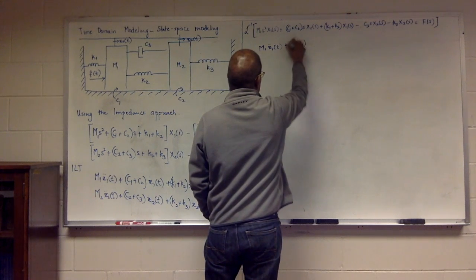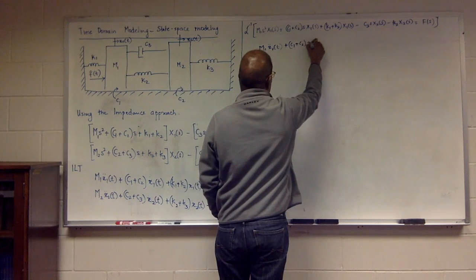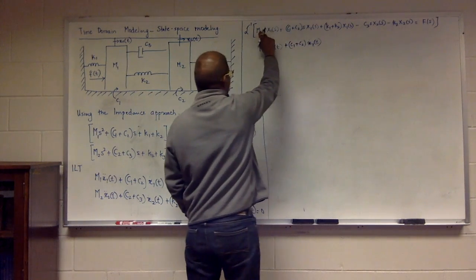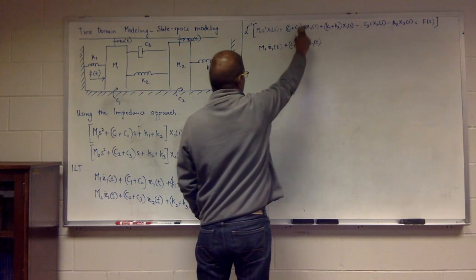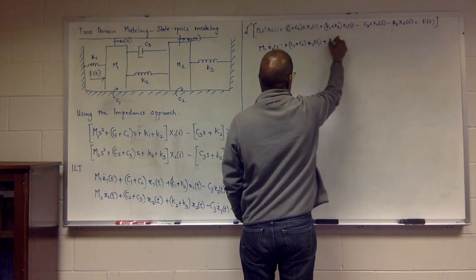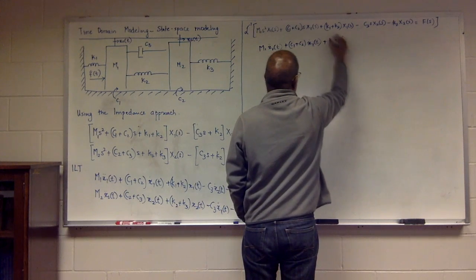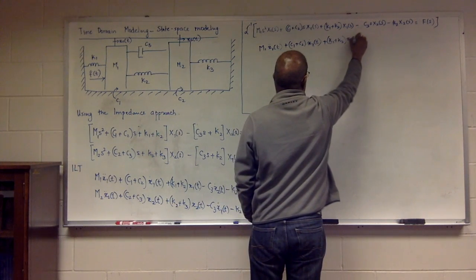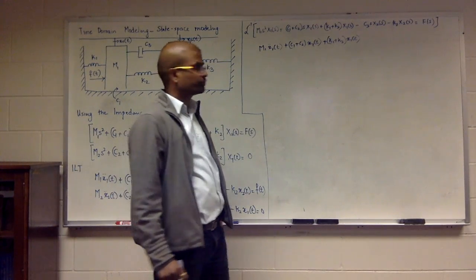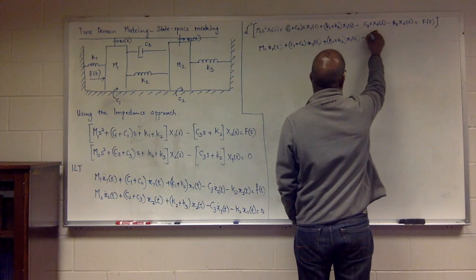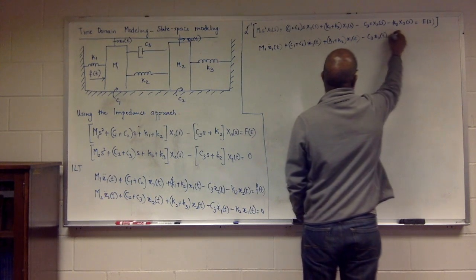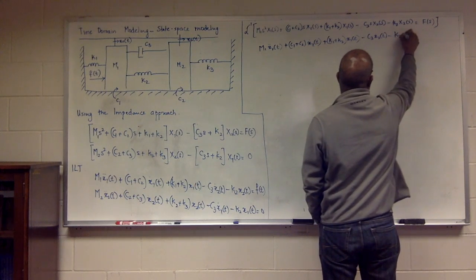So it'd be C1 plus C2 x1 dot. If there is s square, it is double dot. If it is s, there is single dot. There is no s here, so it'd be x1 of t. You got it? Okay. Minus, again, this will be C3 x2 dot of t, and k2 x2 of t.